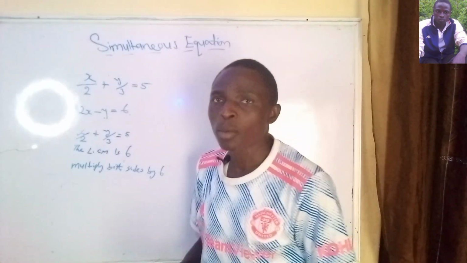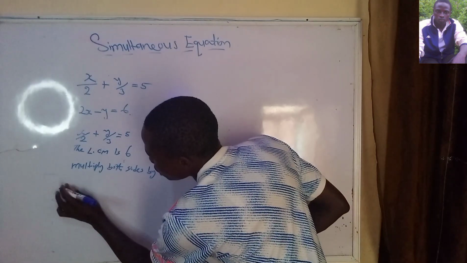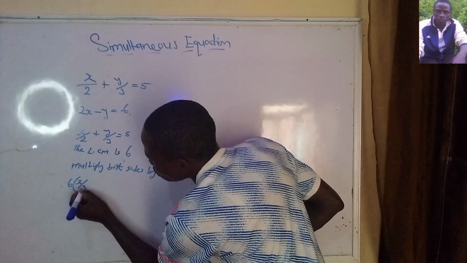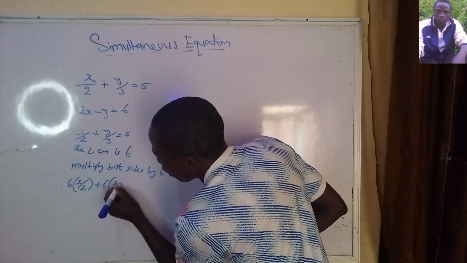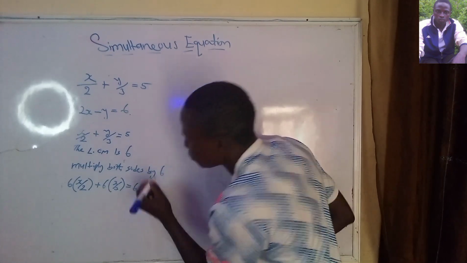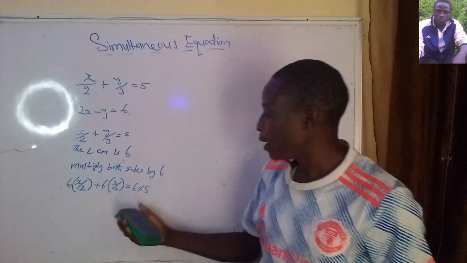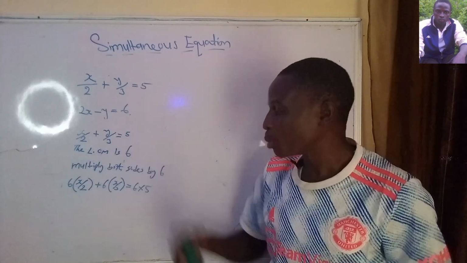So each individual term will be multiplied by 6. So now, that means 6 will multiply x over 2 plus 6 will multiply y over 3 is equals to 6 will multiply 5. This is what we mean by multiplying each term by the LCM, the lowest common multiple.